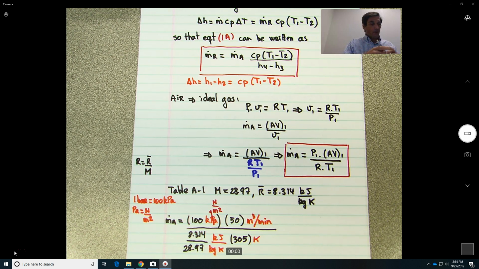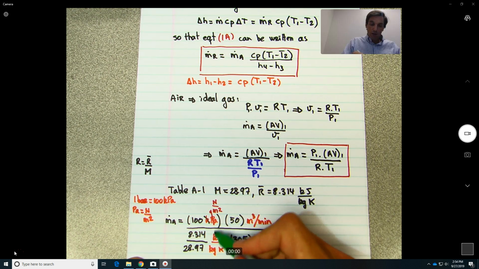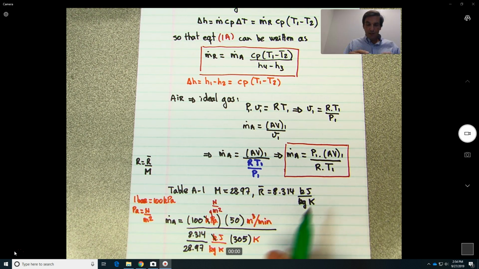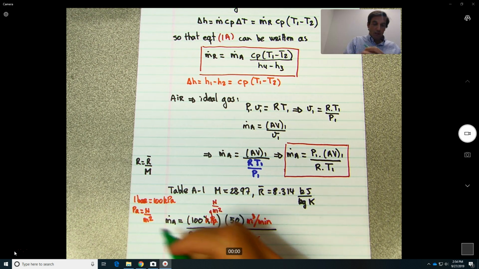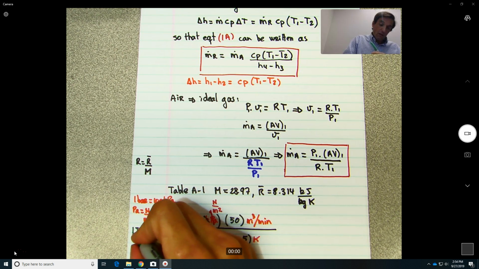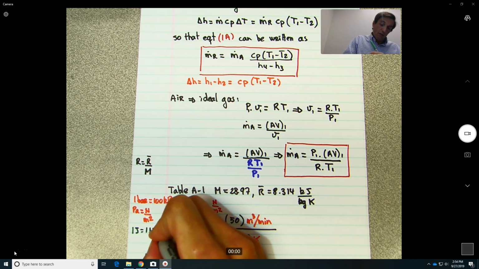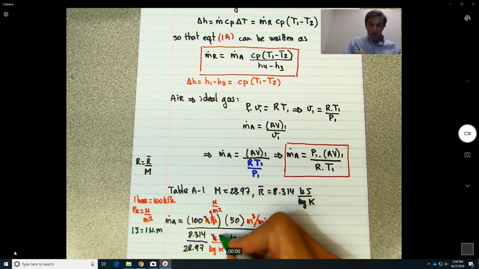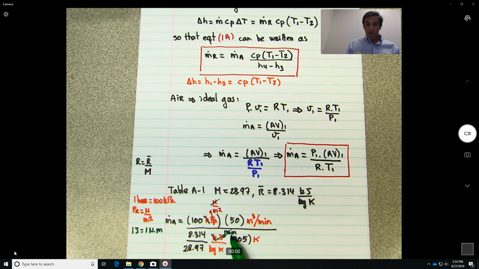So let's look at the units. You see this kilo will cancel with this one. Then, 1 joule is 1 Newton meter, so the newtons will cancel with the newtons. We have meter square times meter, which is cubic meter, and that will cancel with this one.